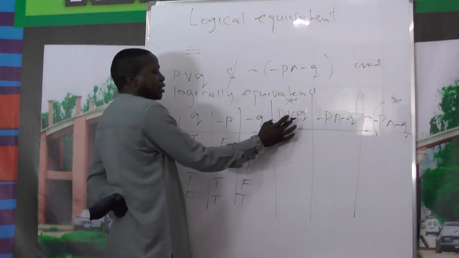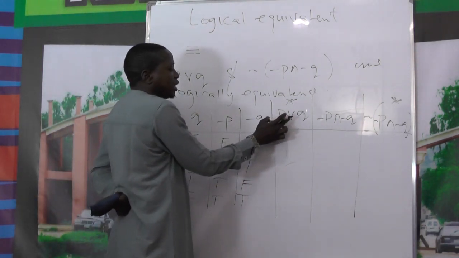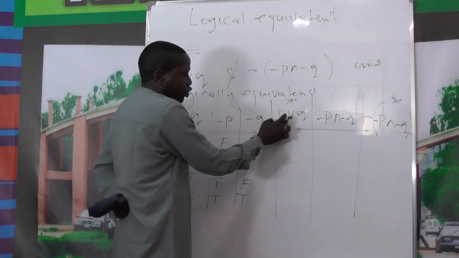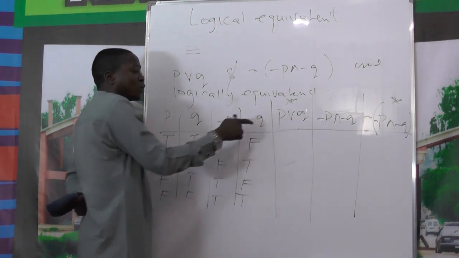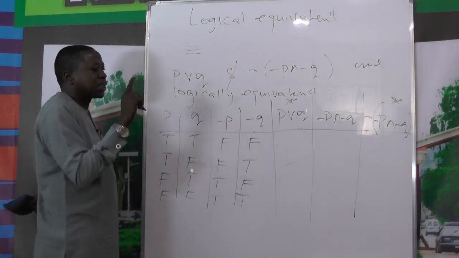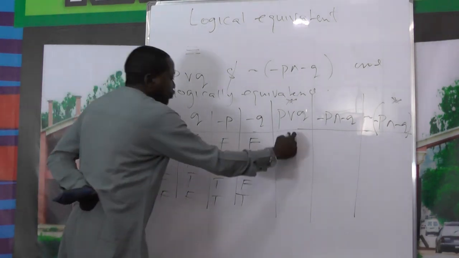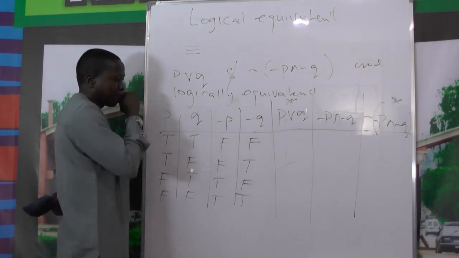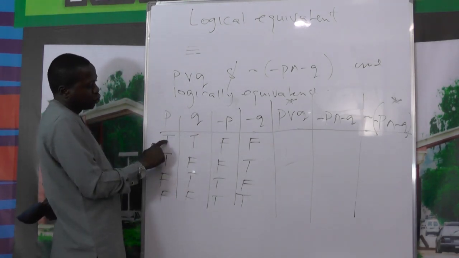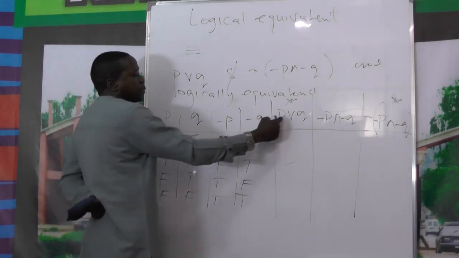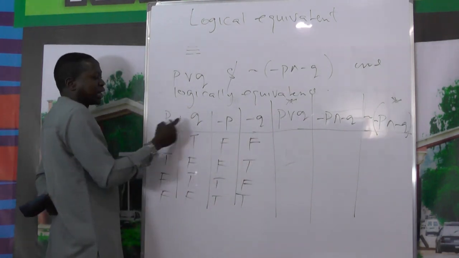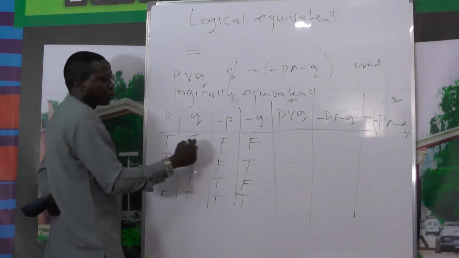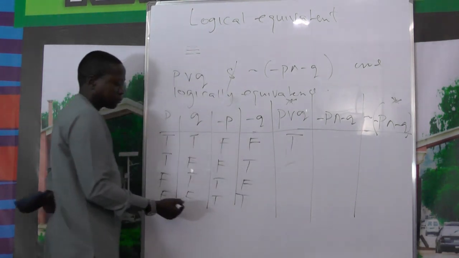This symbol I told you is or, under disjunction. And I told you under or that at least one statement must be true before you can have true here. So now let's see. True or true, since we are dealing with P or Q. So now this is P and this is Q. True or true. Here I have true.